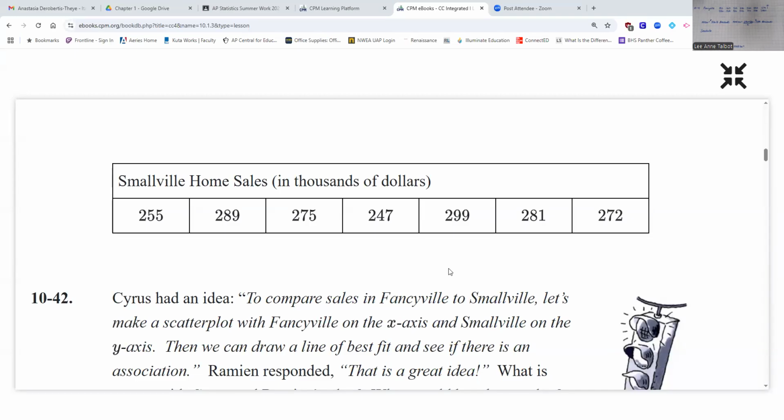Okay. So let's see if we can talk through this one together. So 247. 247, then what? 255. 272, then 275. 281, 289, 299.